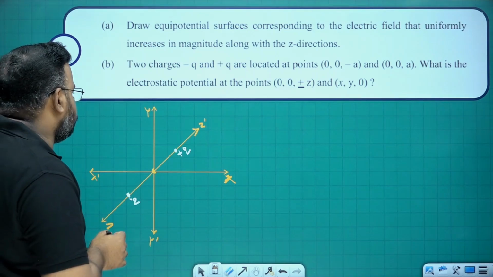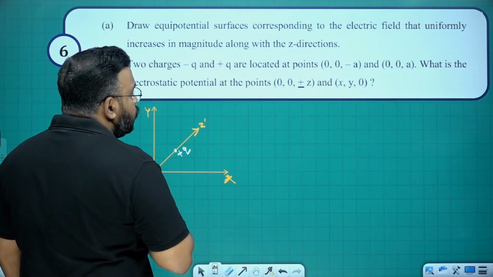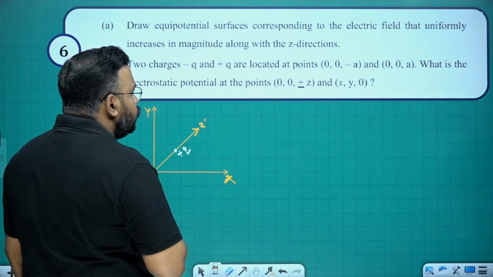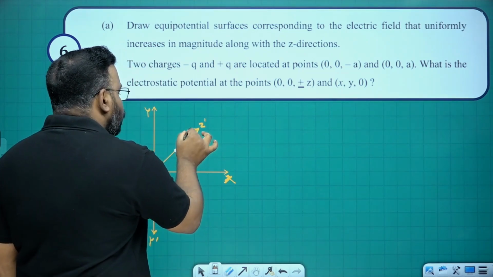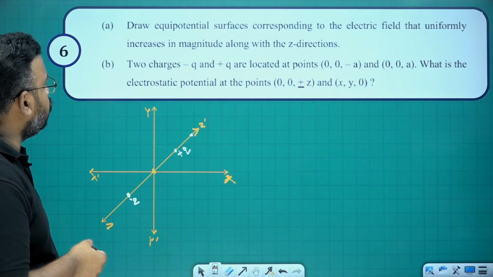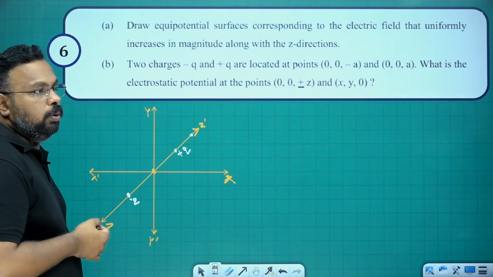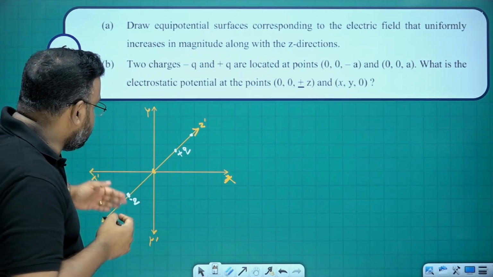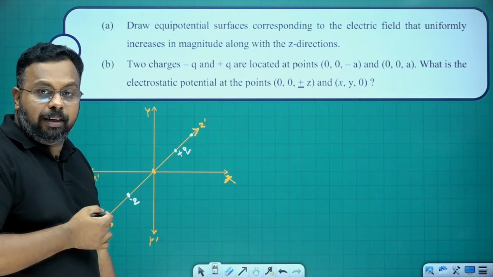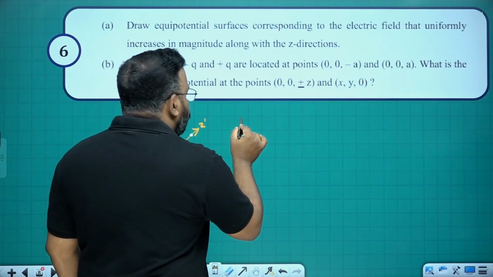Electrostatic potential at points plus z, that means along which axis only? Along z axis only. Along z axis means you can clearly see that this is a dipole. So along z axis means it is on the axial line, right? Axial line. On axial line, what is the potential?